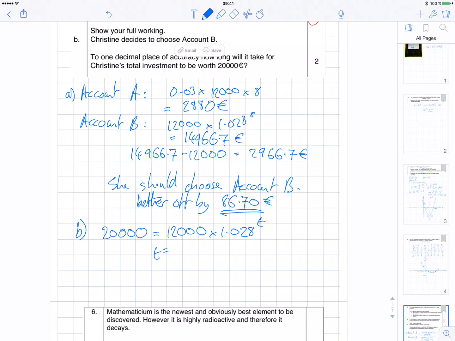So t is equal to 18.5 years to 1 dp. And that was 2 marks.